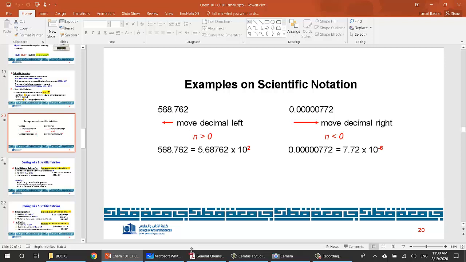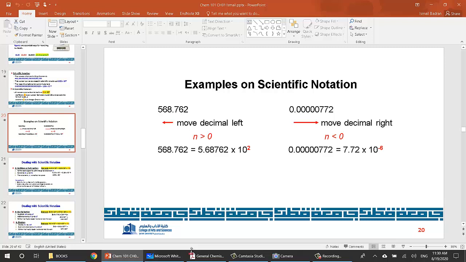So again, going back to scientific notation, if you want to write the number 568.762 in scientific notation, you just move the decimal point 2 spaces to the left, and that will be 5.68762 times 10 to the power 2. That's because you moved the decimal point to the left.